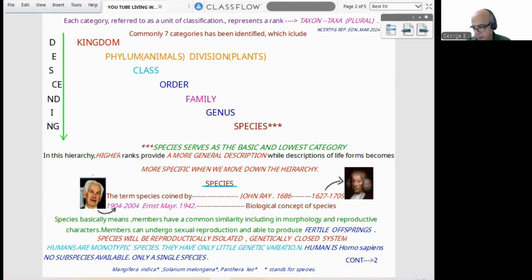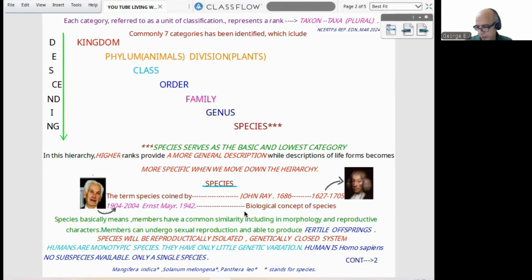In this hierarchy, higher ranks provide a more general description, not much specificity, while when we come down to order, family, genus, species, life forms become more specific. That is how the hierarchy differs.